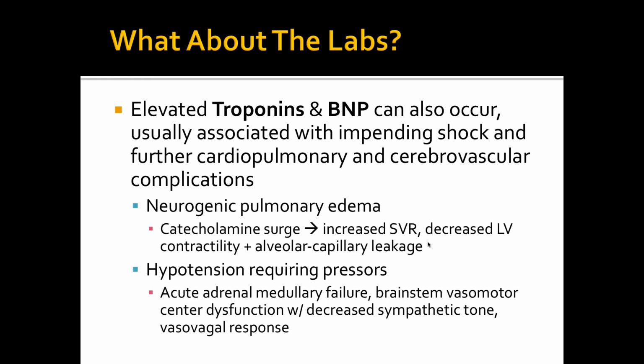The theory behind the pathophysiology of the pulmonary edema is that a catecholamine surge causes increased resistance all over your body, decreased left ventricular contractility, and alveolar capillary leakage. For the hypotension, there's a bunch of theories why it can cause that, but it's usually profound enough to require pressors.